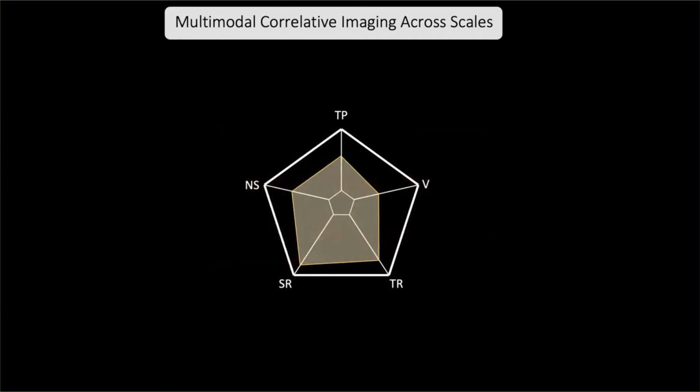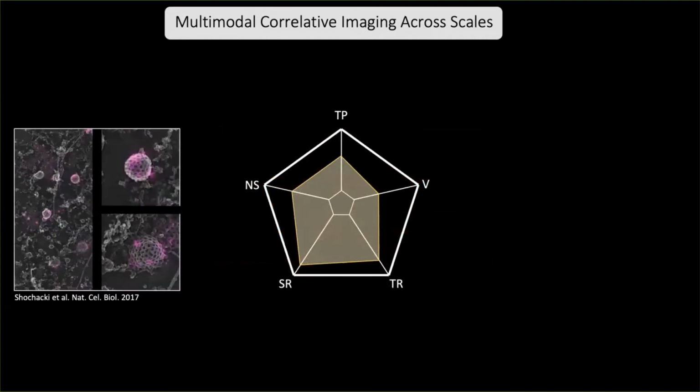A very similar approach is the approach combining the method I really started with, this shadow replica electron microscopy. In this approach, the cells are grown on the substrate, just like the approach I just described.